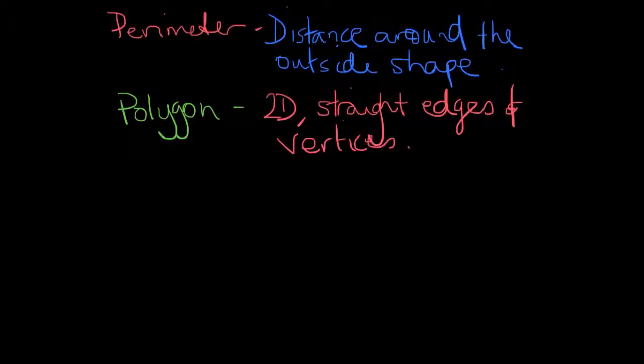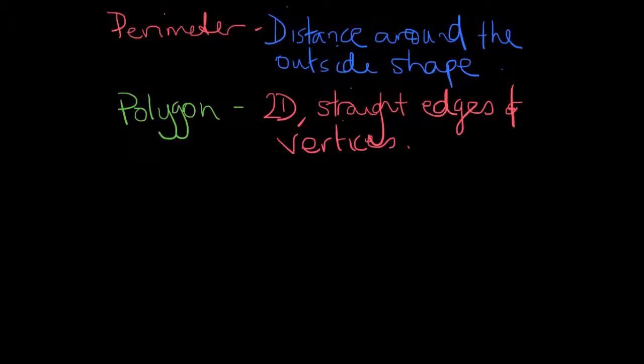Vertices are basically just the points or the corners between those straight edges. So anything that doesn't have a straight edge is not defined as a polygon. So things like circles, ellipses, things like that are not polygons because they do not have straight edges, and they definitely do not have vertices. So that is the first term that I want you to remember, and that is a polygon.